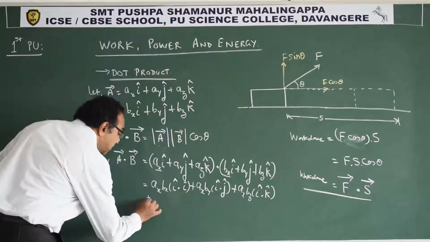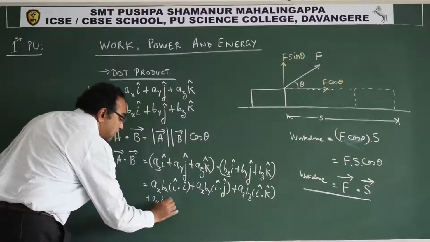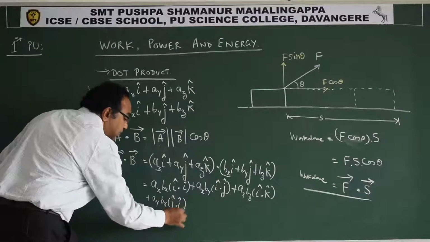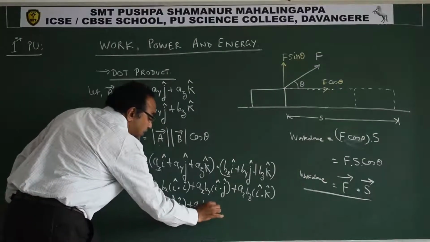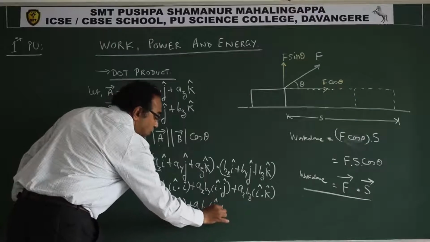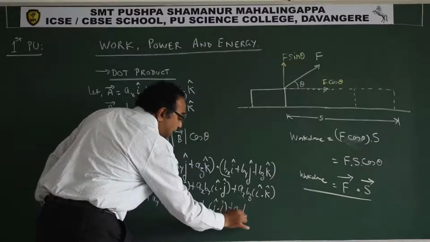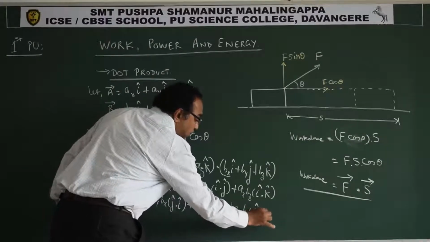Similarly, we get plus ay bx j dot i plus ay by j dot j plus ay bz j dot k.